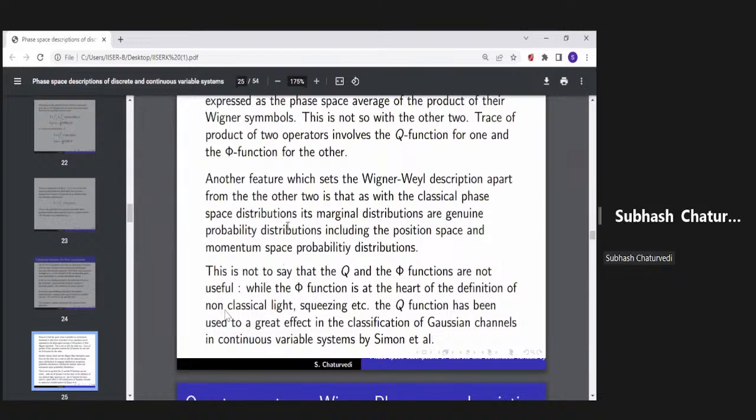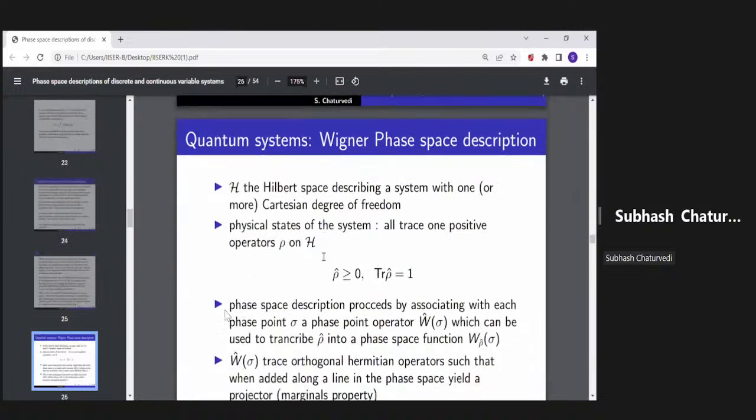Another feature which sets Wigner-Weil description apart from the other two is the property called traciality, which I come to in a minute.